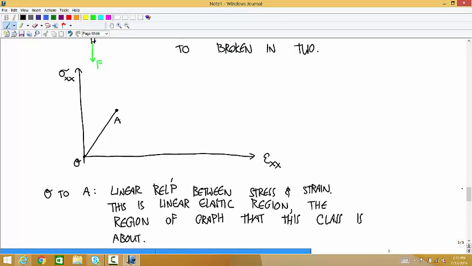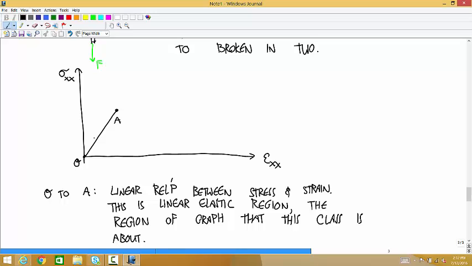I should say not every material has a linear elastic region. Well, not every material has an elastic region at all. And not every material has this linear relationship between stress and strain. But engineering materials do in general. All metals do.